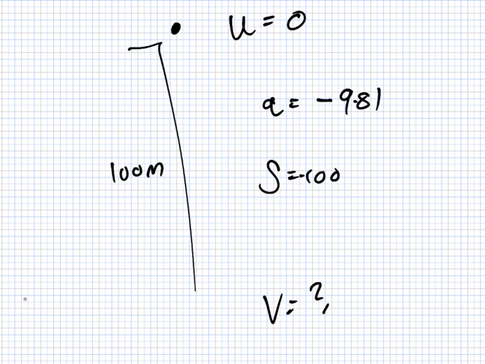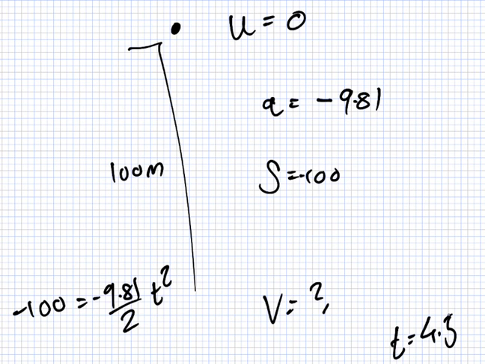So if I use s equals ut plus a half at squared, I get an answer of time is 4.5 seconds.